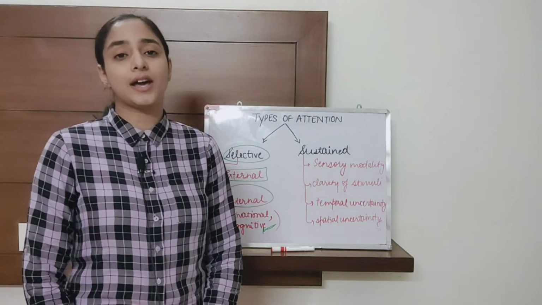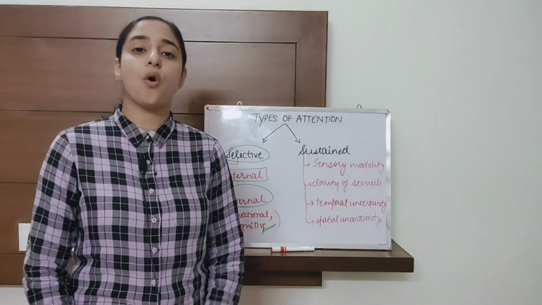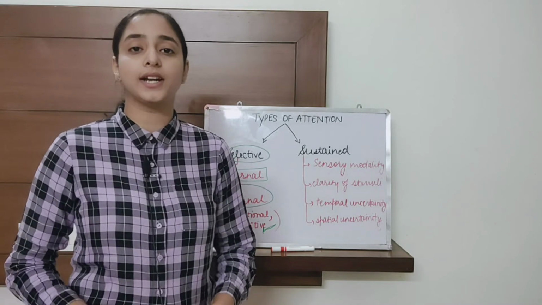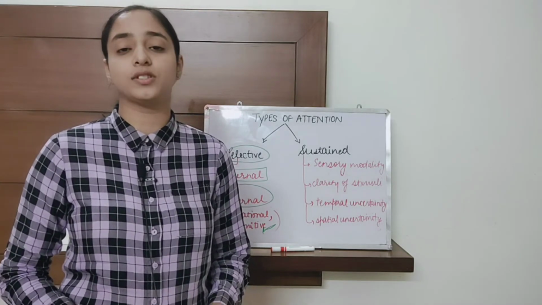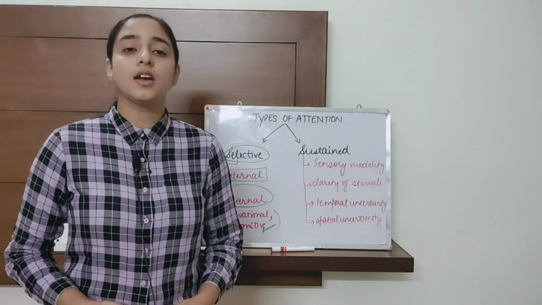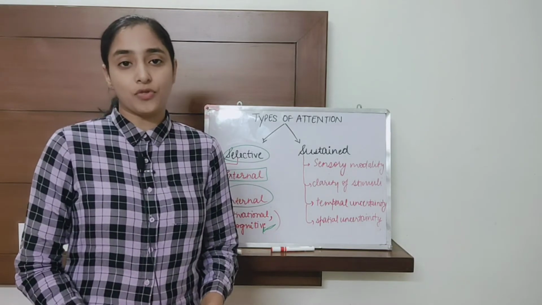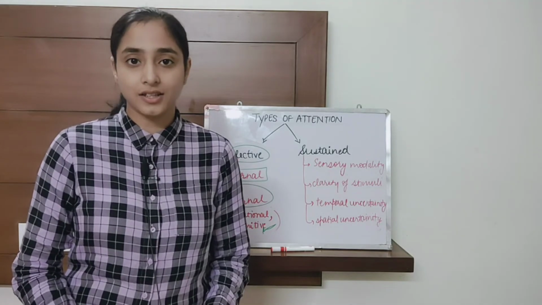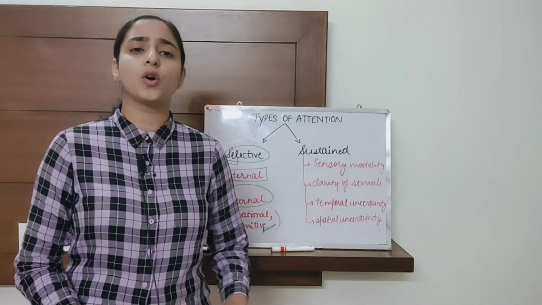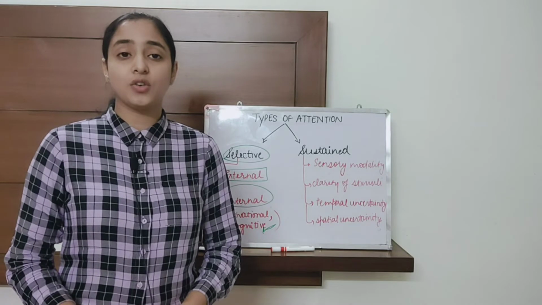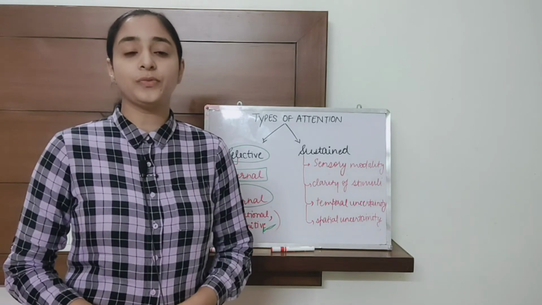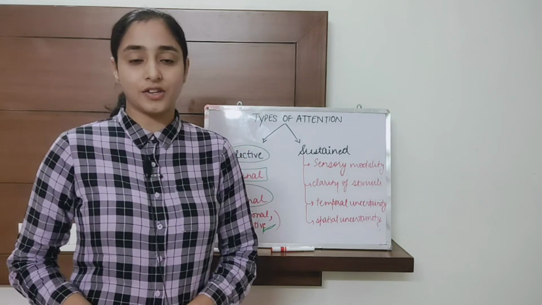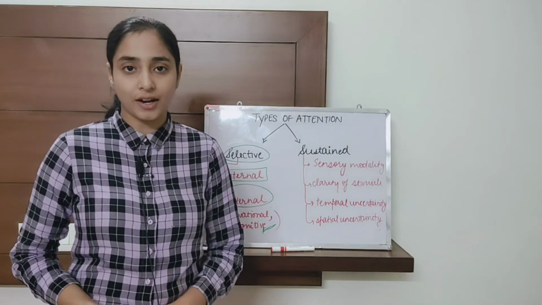By sensory modality, we basically mean that auditory stimuli are better attended to as compared to stimuli which are only visual. A very common example of this would be, on a cloudy day, there is a lot of lightning in the sky. You will not pay prolonged attention to it, but you will pay a certain attention to thunder in the sky. So this is an example of sensory modality.